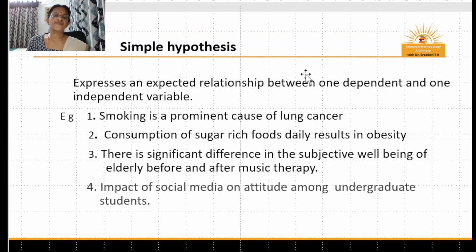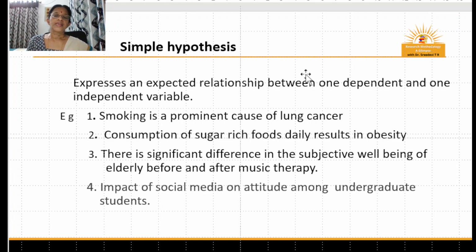Consumption of sugar-rich foods daily results in obesity. So, here sugar-rich food consumption is the independent variable and the dependent variable is obesity. Third example, there is significant difference in the subjective well-being of elderly before and after music therapy. Which is the independent variable here?